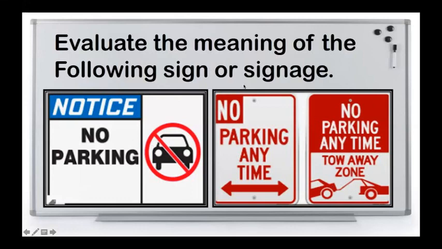So if we look at the first category, which is identifying the message, what is the main message of these three signages? That is not to park in this area or in this place. Next, what is the purpose of these signages? The main reason why we usually see no parking signs in specific areas is to avoid, for example, blocking specific areas or traffic.